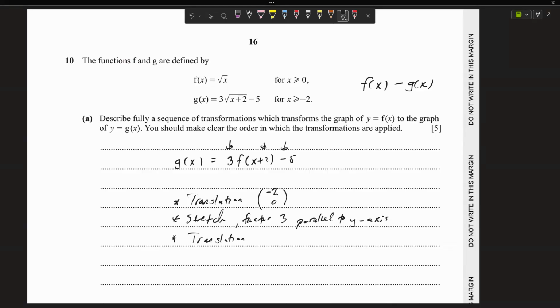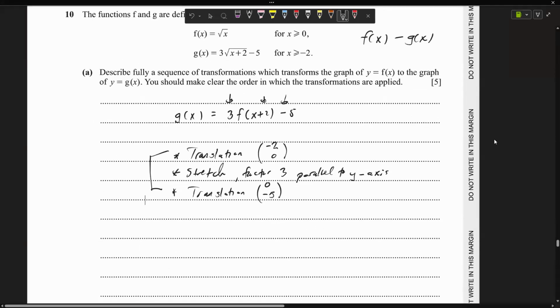So we've got two translations, and here that was going to be 0 and -5 because it's a vertical translation. So we're going to combine these two into one. The more logical way to do that would be to say our first transformation, therefore, we just take the stretch independently.